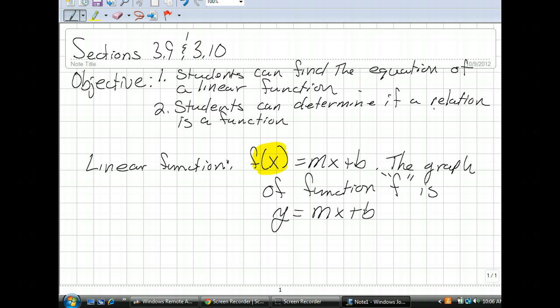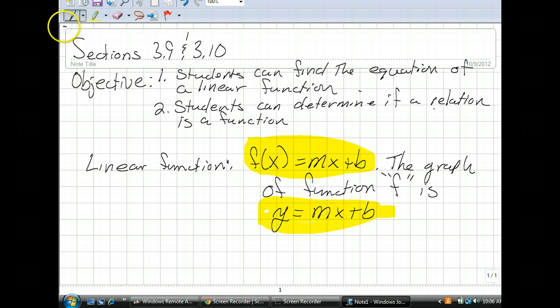So basically, this is the same as this, except the first one is function form, and the second one is graphing form or linear form.